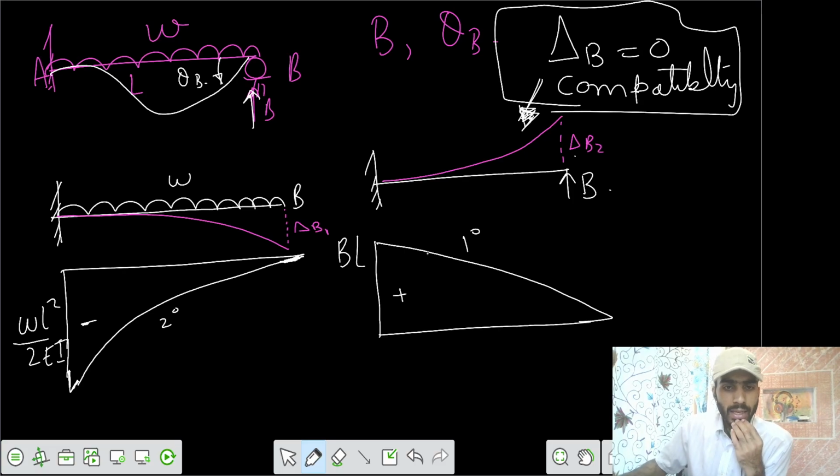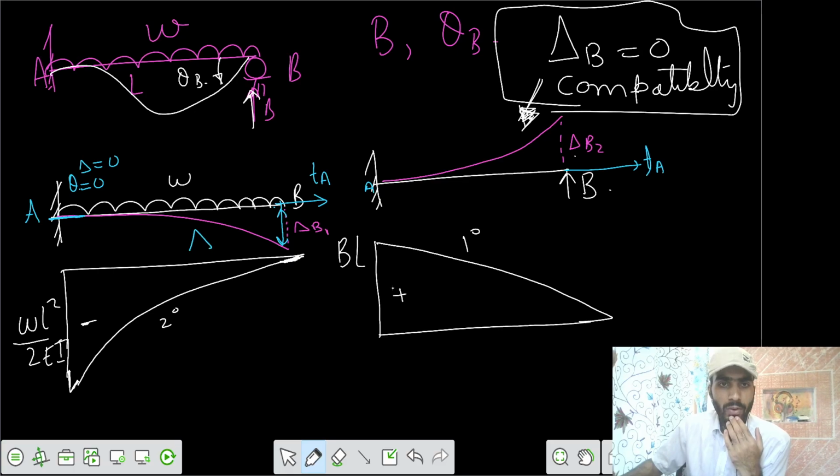But let's say you also want to calculate it by the moment area method. It says draw a tangent from a reference point. Let's say A is our reference point because theta is 0 here and delta is 0 also here. So it is our tangent at A. Similarly, this is our tangent at A. So if you draw the tangent at A, then what is this value?